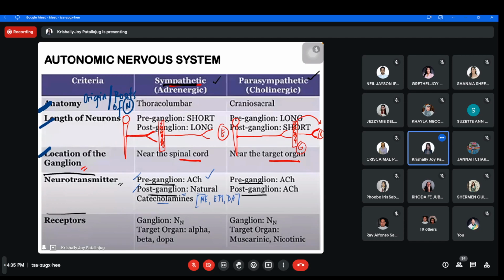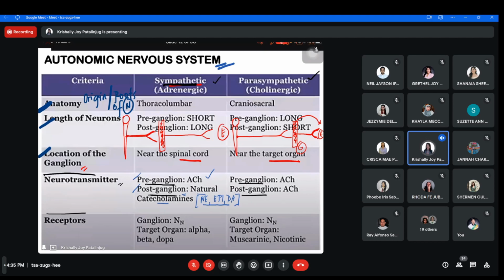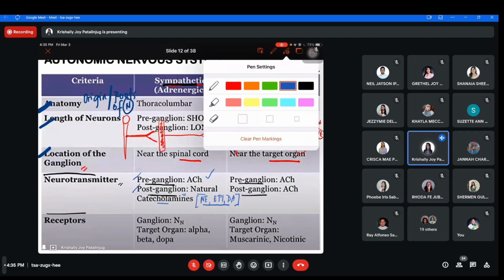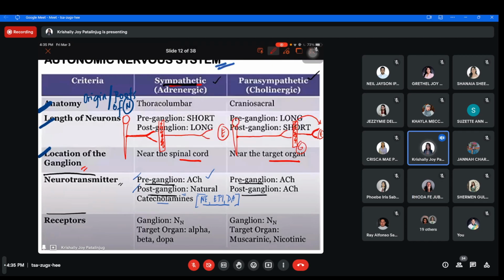Okay? Now, sa latter portion ng ANS Pharmacology, we will discuss more about this natural catecholamines. So for now, just take note na ito yung mga halimbawa ng natural catecholamines, and yung encircled with color red, yung norepinephrine, that is the principal neurotransmitter.